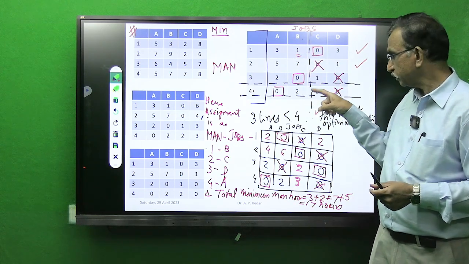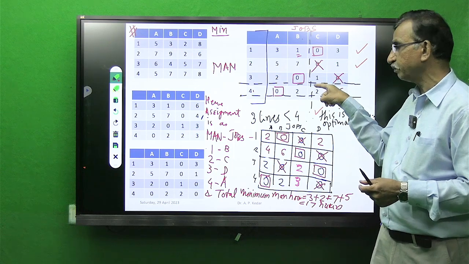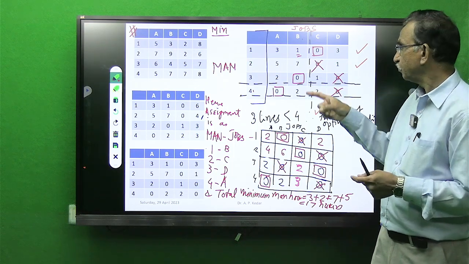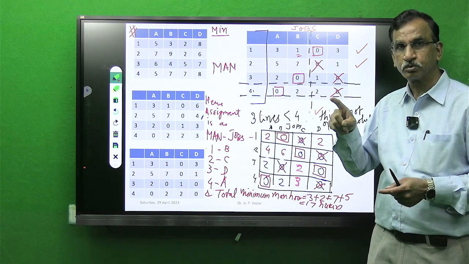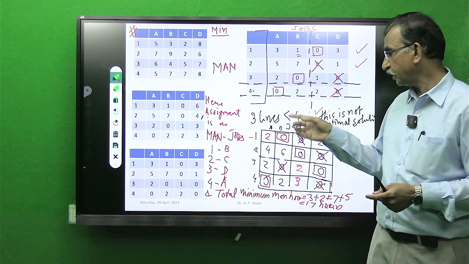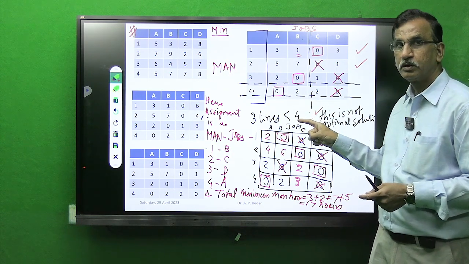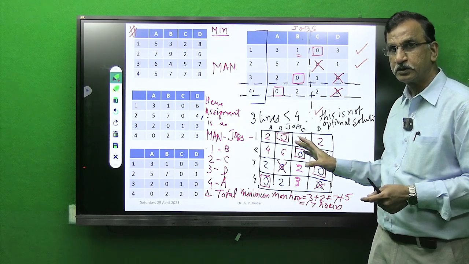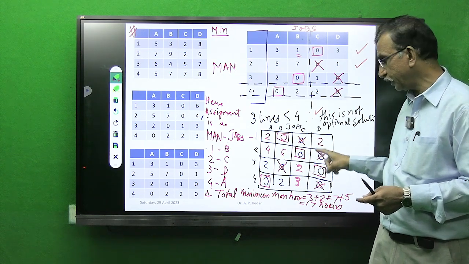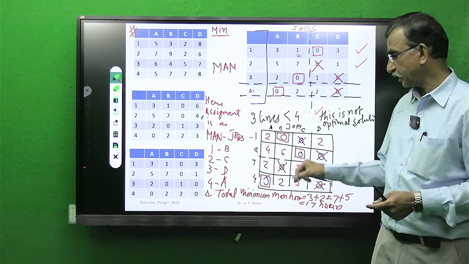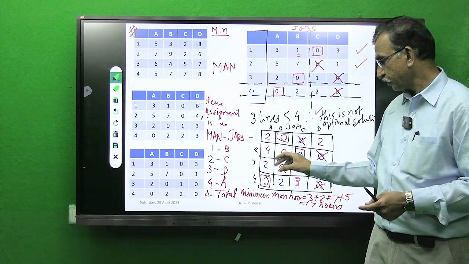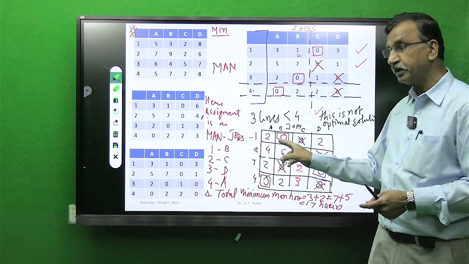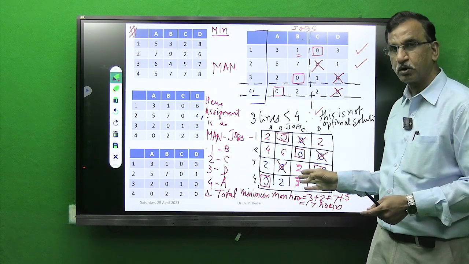We have added that minimum value to the cells through which lines pass twice, we have subtracted that minimum value from the cell values through which no line passes, and we keep other values as they are. After that we have carried out the final assignment. And for this 4x4 matrix we got one assignment in each row and each column.